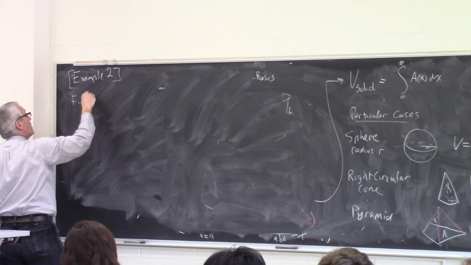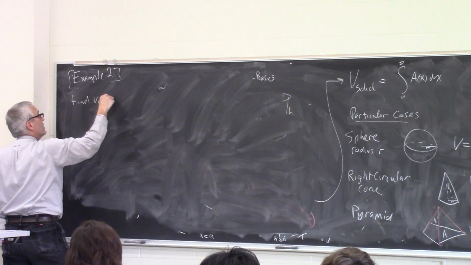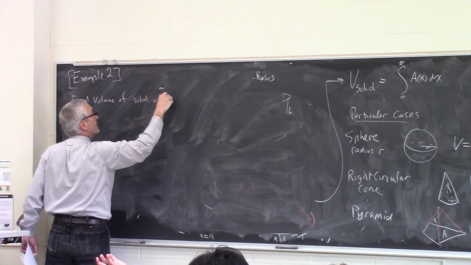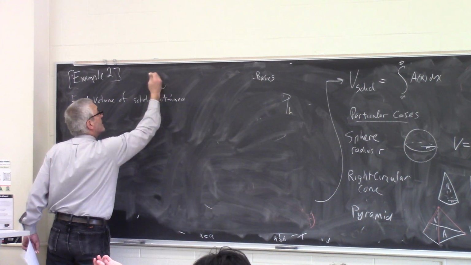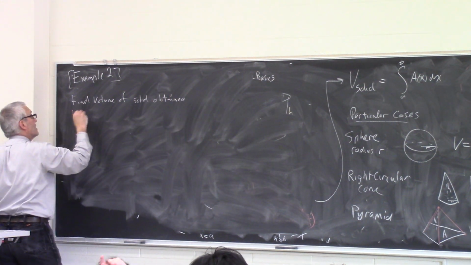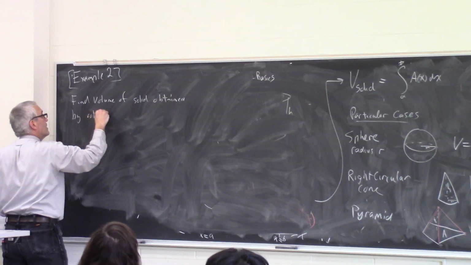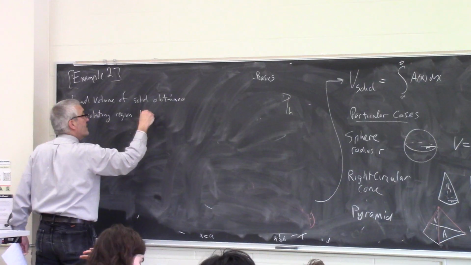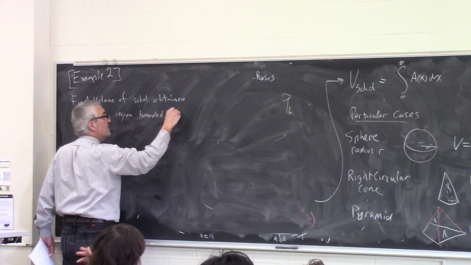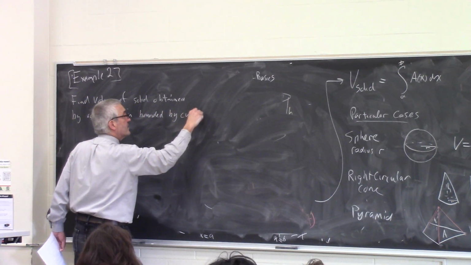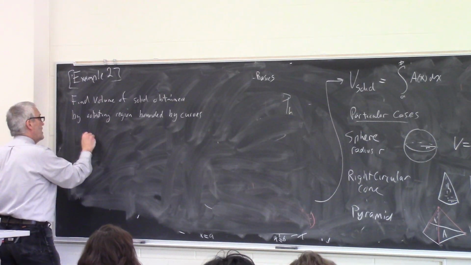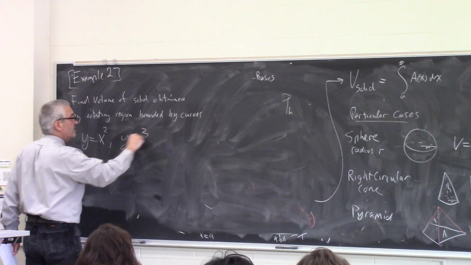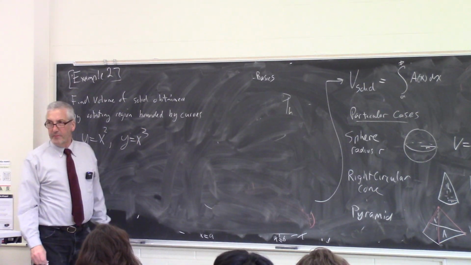Find volume of solid obtained by rotating the region bounded by curves y equals x squared and y equals x cubed about the x-axis.